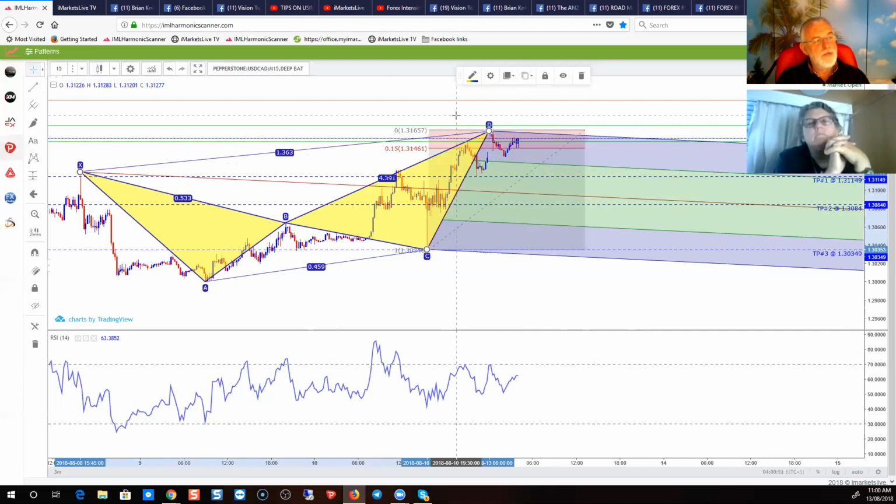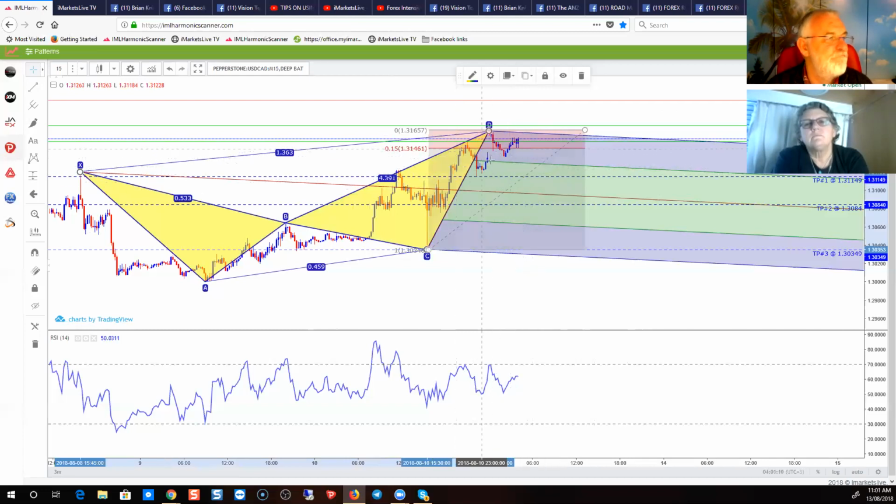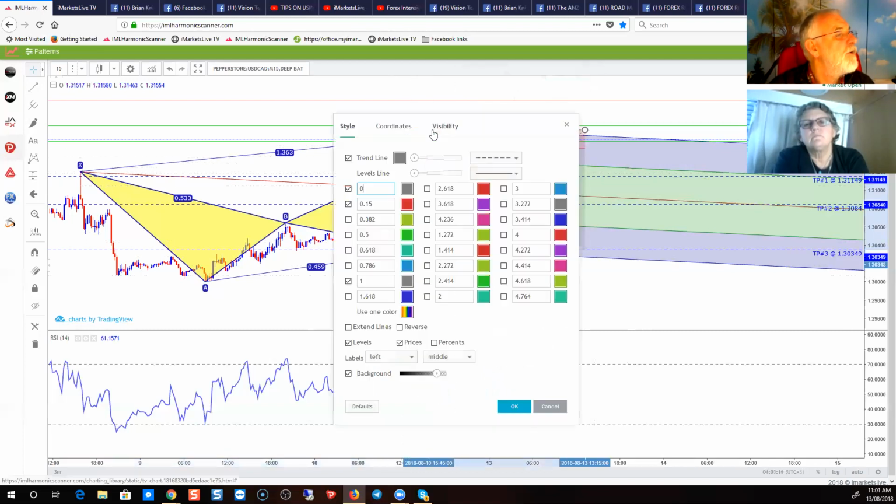So let me say this again. If you look at that currency pair right at the moment and look at where it is, it's actually gone down to this point. It's probably a Fibonacci point, to be honest. Hang on a minute, let's have a look and see. We'll put one on.